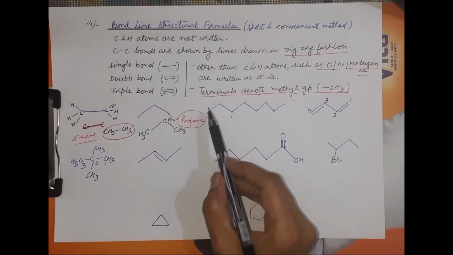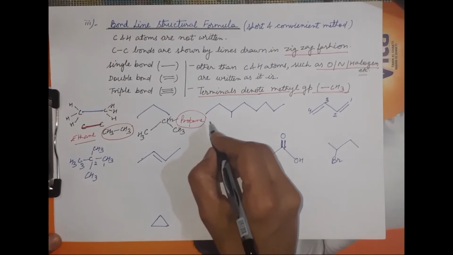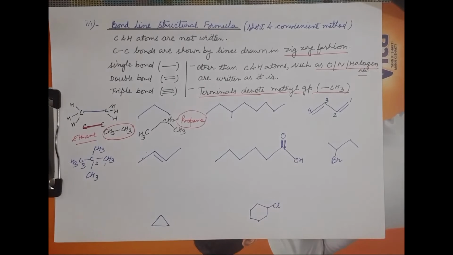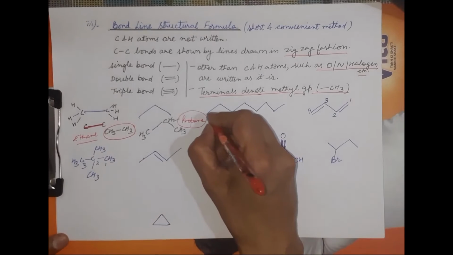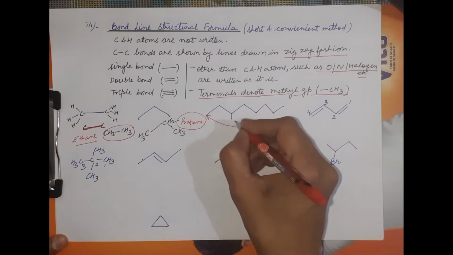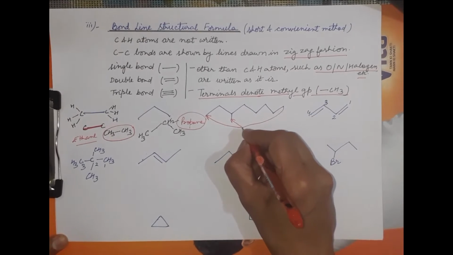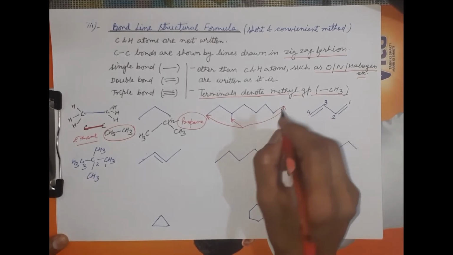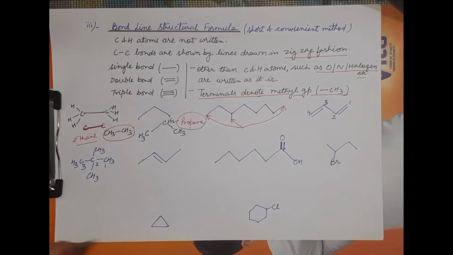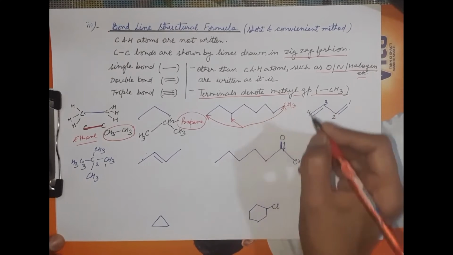So the next example is this. So here we can see this is having the 3 terminals. Basically this compound is having 3 terminals. One is this one, second is this one, and third is this one. 3 terminals are there. It means that on all the 3 terminals it will have CH3.